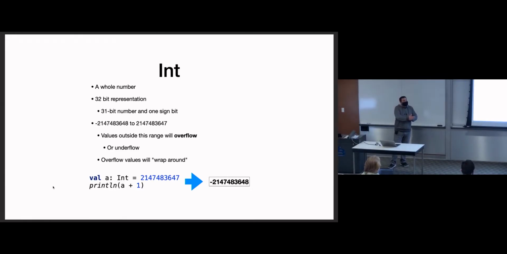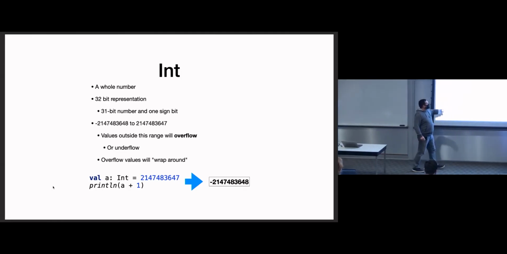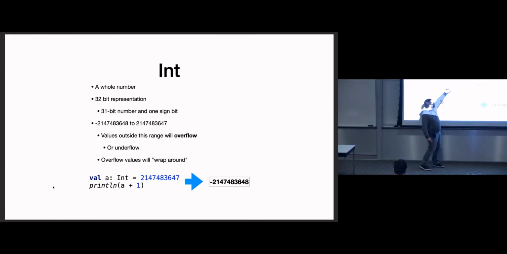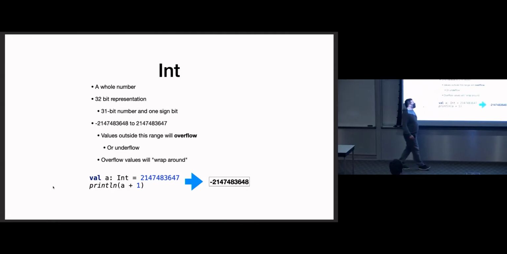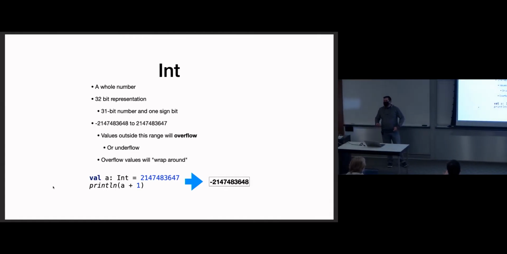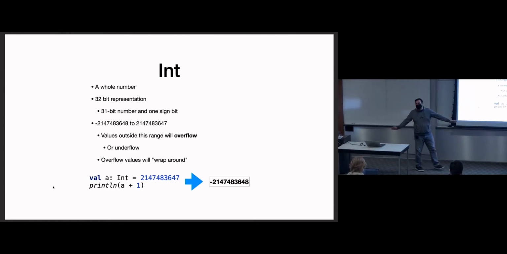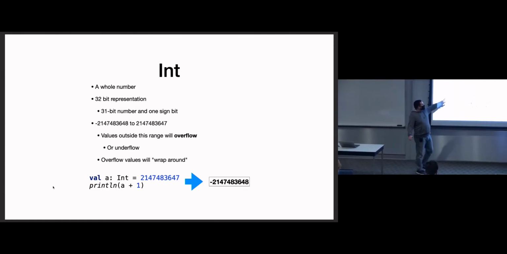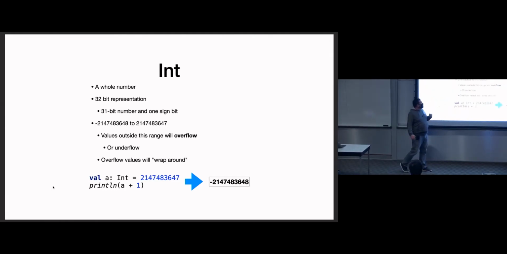31 of those bits are to represent the number, and then 1 bit for the sign. So the range that an integer can store is -2 to the 31 to +2 to the 31 minus 1. That minus 1 goes on the positive side for specific reasons that we don't care about in 116. But this is the range for an int in Scala.